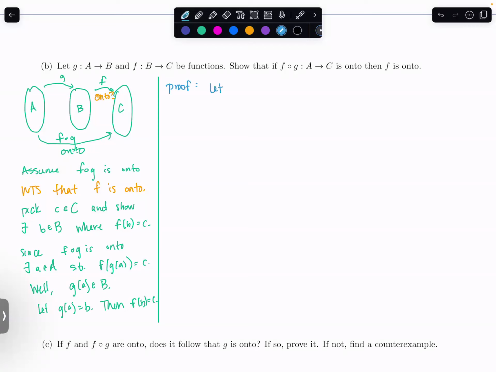Hopefully we'll explain that more in this proof. All right, so we are going to let g from A to B and f from B to C be functions, and assume f of g from A to C is onto.